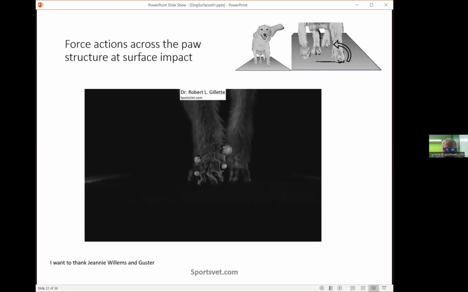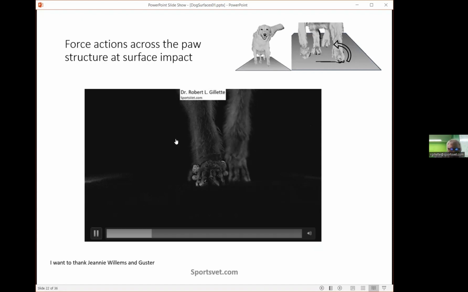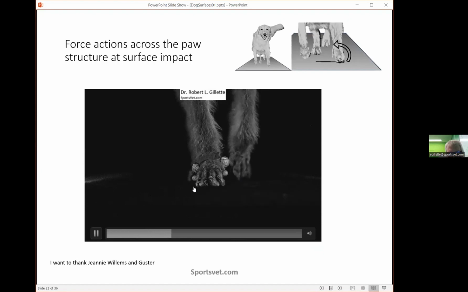And the force mats say most of the forces are being managed by digits 3 and 4. I don't know if you can see my mouse? Okay, so digit 1's up here, that's 2, that's 3, that's 4, and that's 5. So they're saying that most of the forces are managed here in digits 3 and 4.